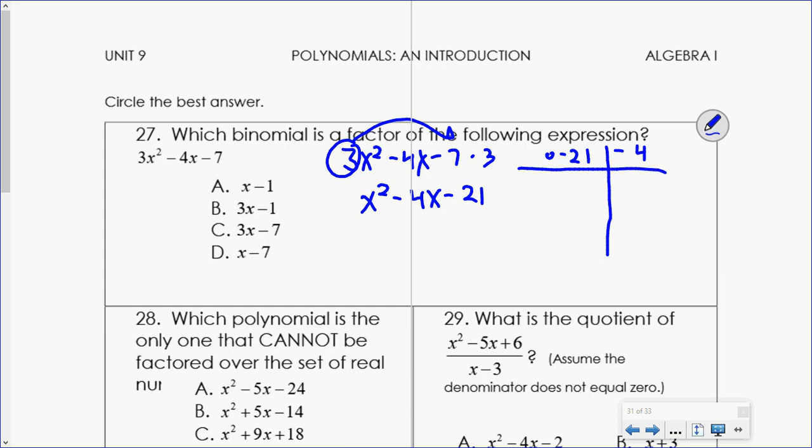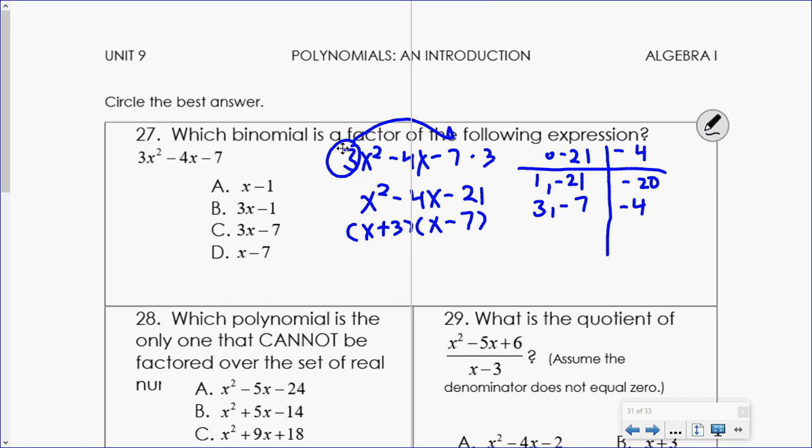The bigger number has to be negative here. 1 and negative 21 get negative 20. 2 doesn't work. 3 and negative 7, I get negative 4. So there are my factors. So this breaks down into x plus 3 times the quantity of x minus 7.